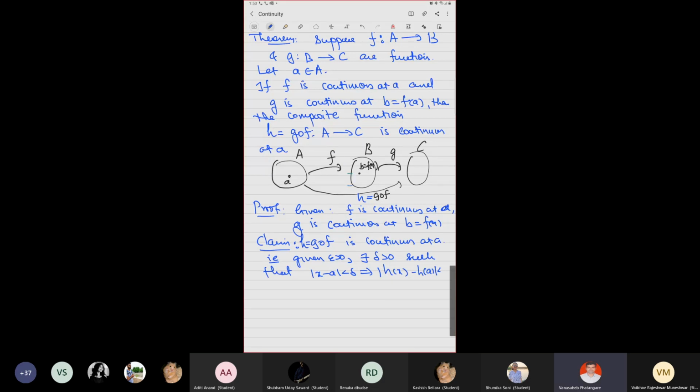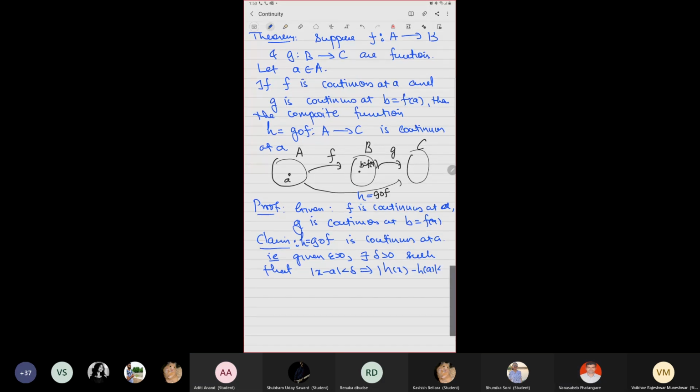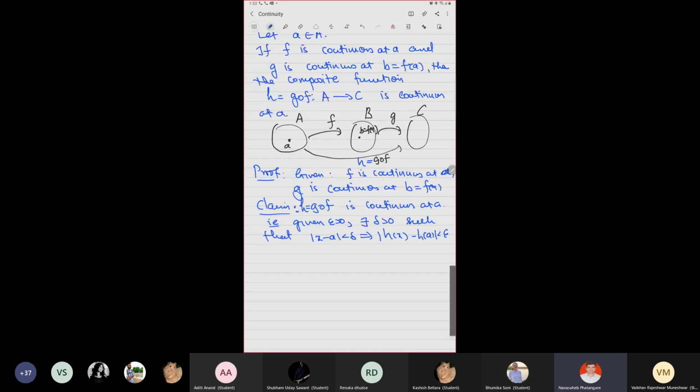Is it clear? Is it correct what I am saying? Yes. Yes, sir. So this is what we expect. That means the composite f of x minus the composite f of a is less than epsilon. This is what we expect.